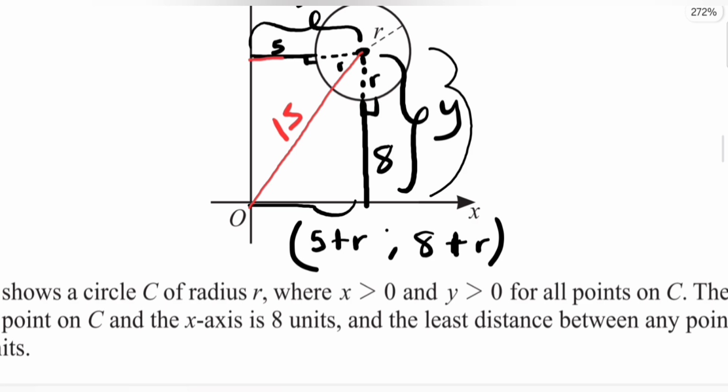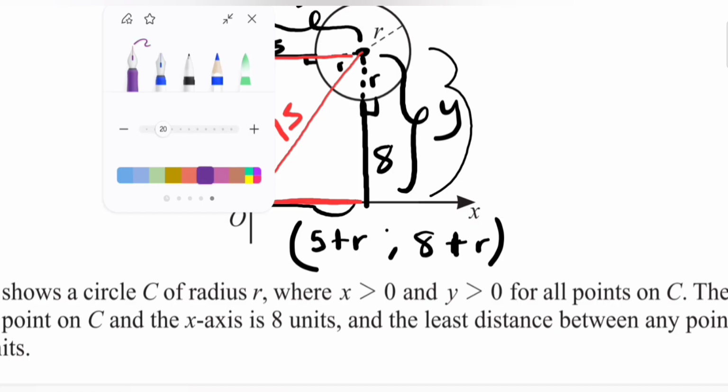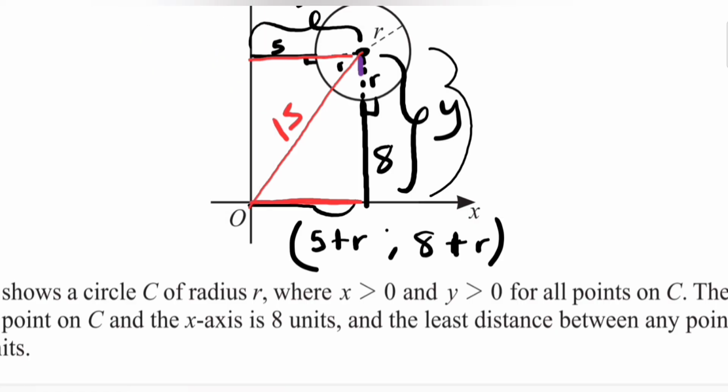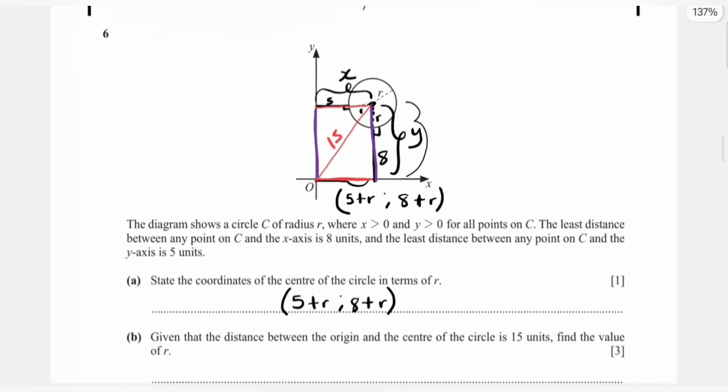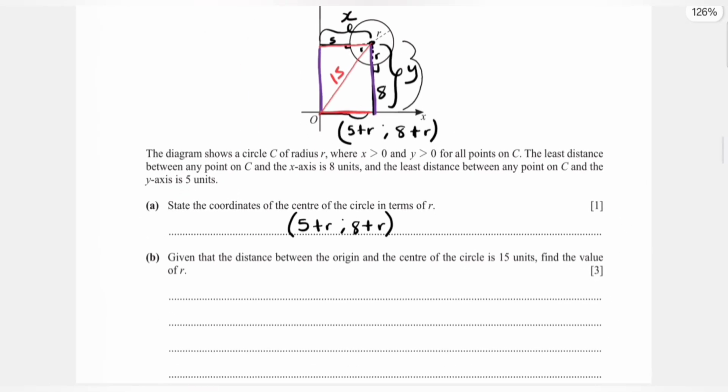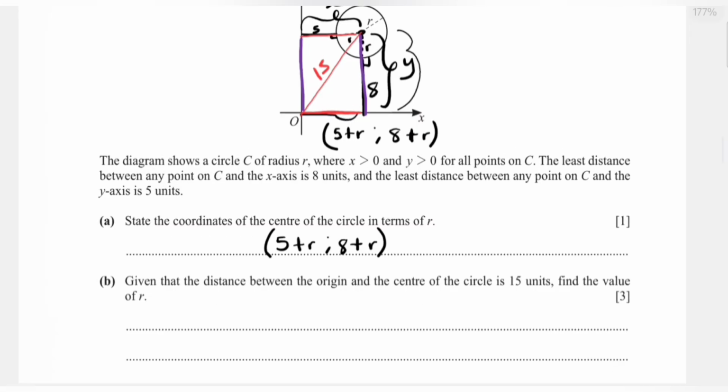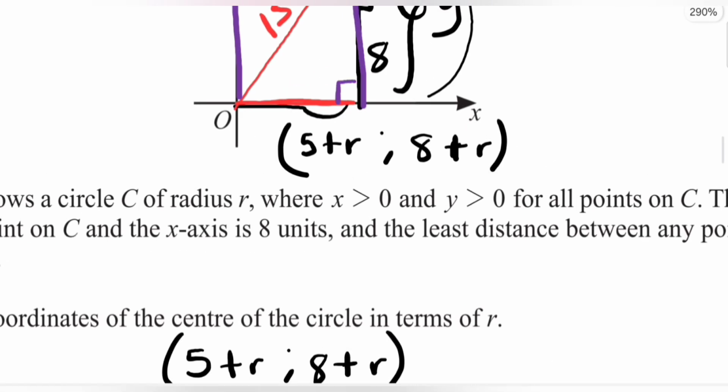And you can see that this length is also equal to this one right here, right? And this is equal to this. I'm not sure if you need that, but let's see. So it says find the value of r. We have 15 there. You can see that this is a right angle triangle, right?